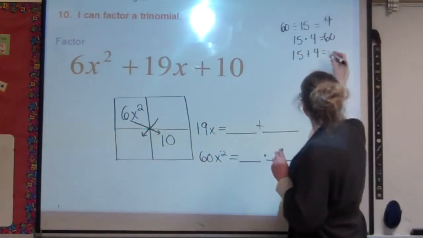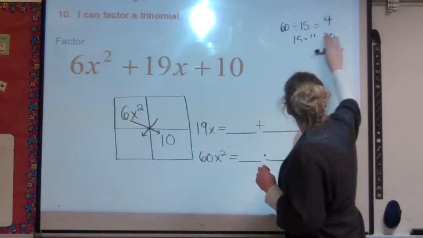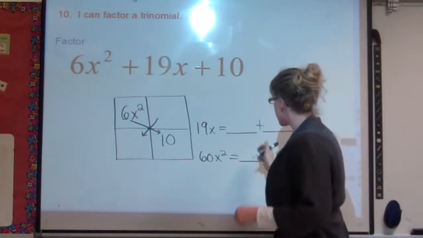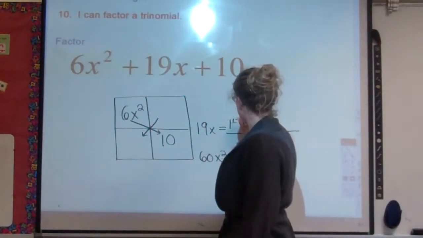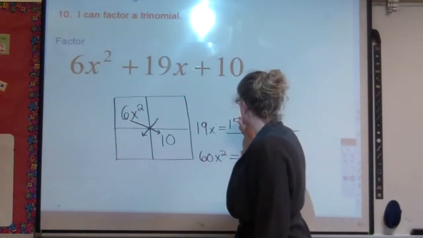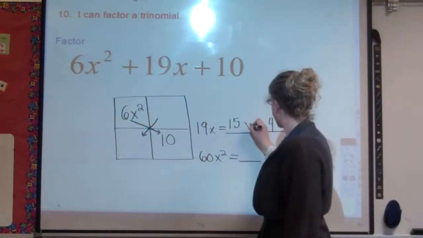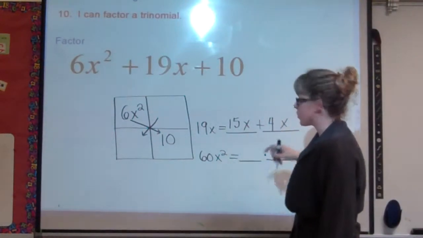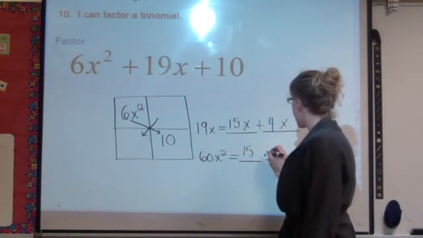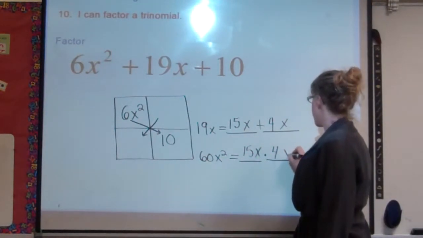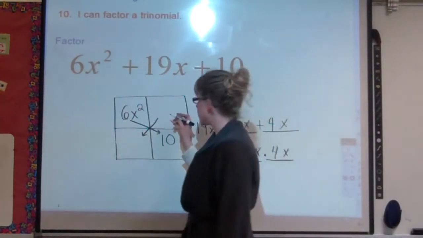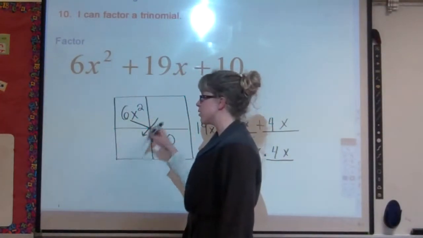I think it does. So we know that our two numbers are 15 and 4. But also, what do the 15 and 4 have to have? That's right, an x. So 15x plus 4x gives me 19x, and 15x multiplied by 4x gives me 60x squared. So I plug these numbers into the missing boxes right here.